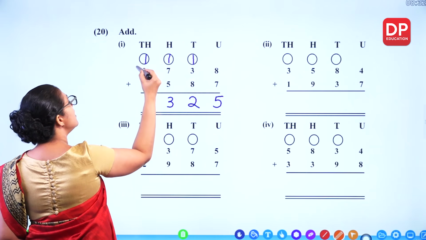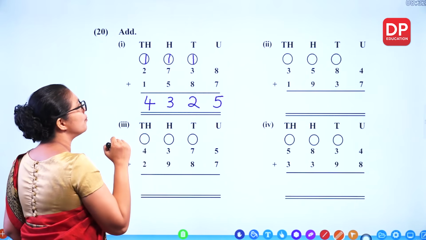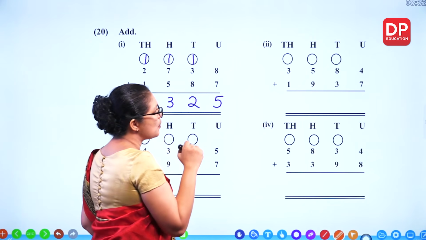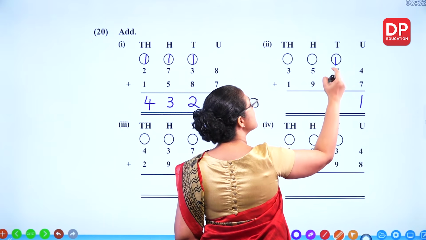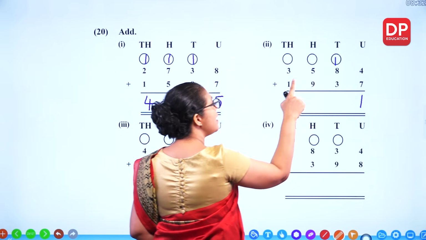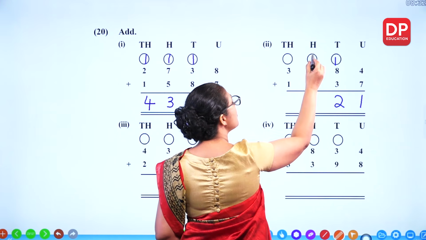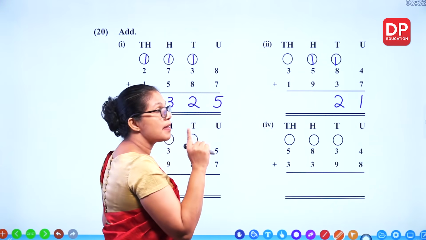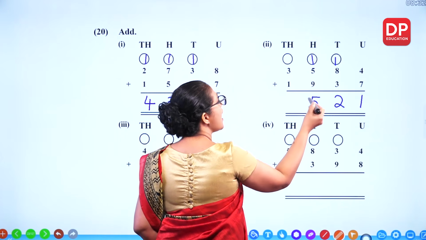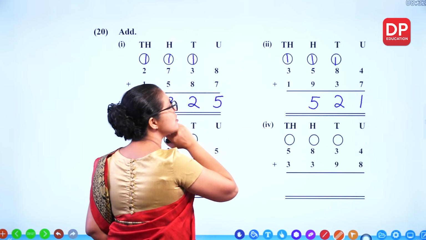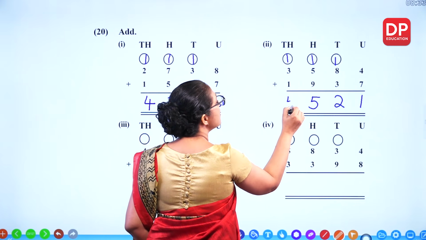Take 1 here. 2 plus 1, 3. 3 plus 1, 4. This one, 4 plus 7, 11. Take 1 to this side. 8 plus 1, 9. 9 plus 3, 12. And 1, you can take it to this level. 9 plus 1, 10. 10 plus 5, 15. And you take 1 to thousands place. 3 plus 1, 4. 4 plus 1, 5.